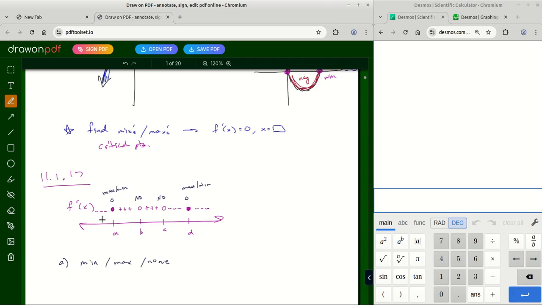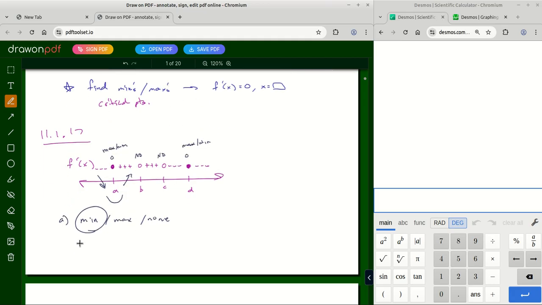So we have negative, which means it's going down. And then we have positive, which means it's going up. And it's defined on that point. So you could see the curve here. It should be a minimum because you could see that parabola action, right? I'm not going to keep that there because it'd be junky. But if you're going down and then coming up, it's got that little curve there, okay?